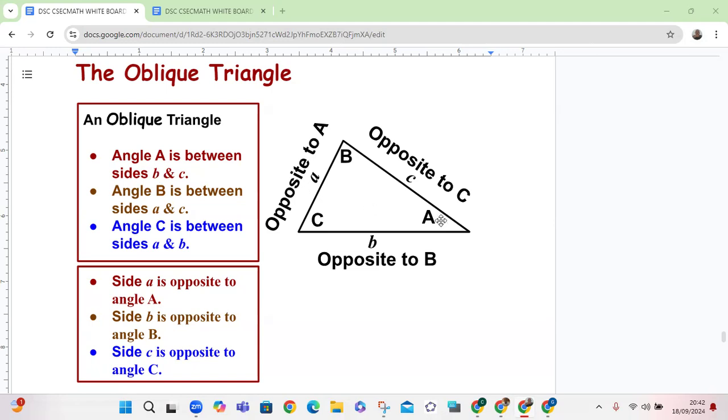So for example, angle A, capital A, is between B and C. As you can see, B and C is hugging angle A. Angle A is between B and C, sandwiched between B and C. Angle B now is between sides A and C. And angle C is between sides A and B. And side A is opposite to angle A, side B is opposite to angle B, and side C is opposite to angle C. So these are the words that must be mentioned for the oblique triangle: opposite and between.